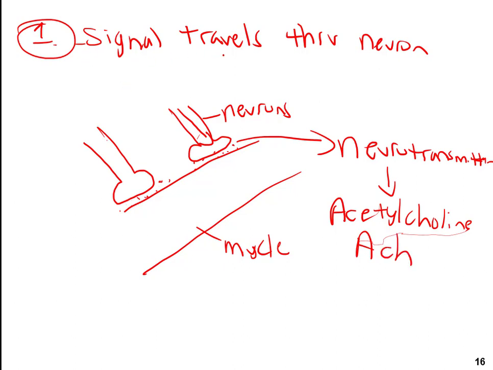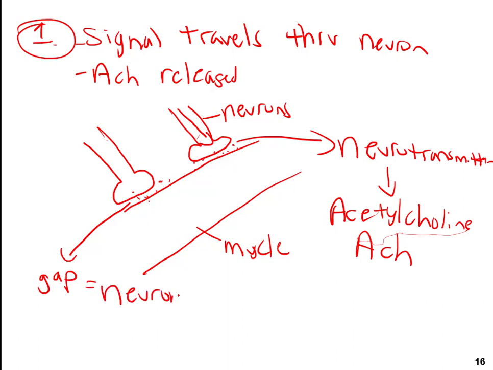So the signal travels through the neuron. Acetylcholine is released from the neuron into this little gap. This little gap between the neuron and the muscle is called the neuromuscular junction. Neuromuscular junction is that space between the neuron and the muscle. And then the muscle cell will take up that acetylcholine signal.